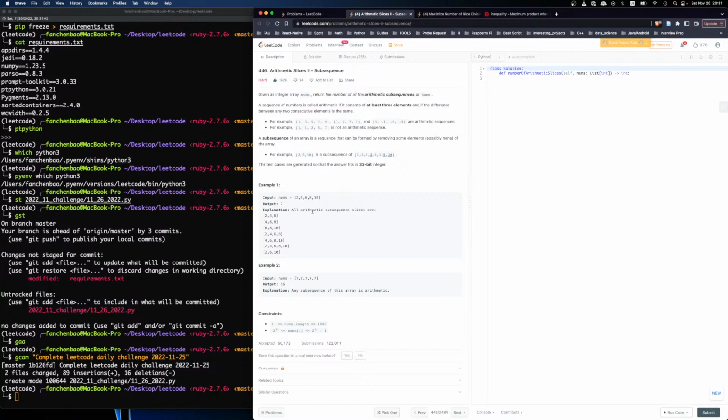That's with a certain difference. How many will have that difference to it? Once a new value comes in, I check the number of values with that difference. So for 8, the difference is 2.